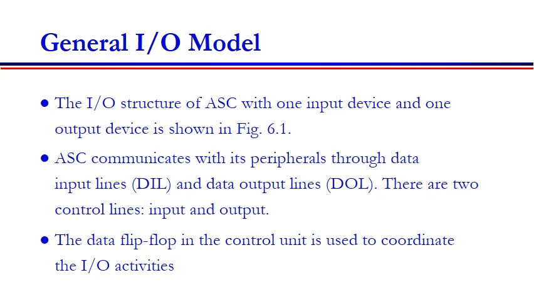Also, there are two control lines connected to the control unit. One is the input and the other is the output. The data flip-flop in the control unit is used to coordinate the IO activities. This data flip-flop will be responsible for handshaking purpose. It will check the readiness of the device, the availability of the device, and then acknowledge the system about the availability of that device.